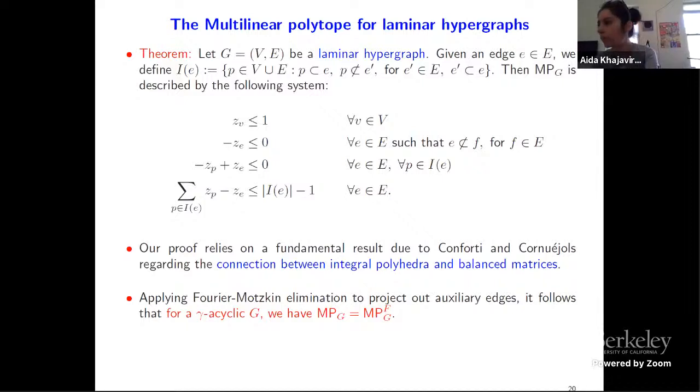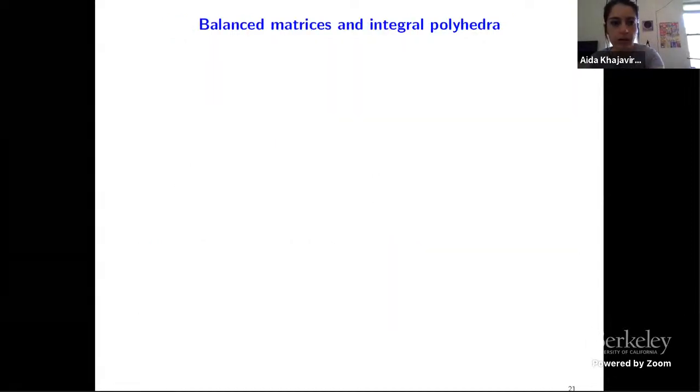So you would probably ask me, what is a balanced matrix? Let me just define what that is.